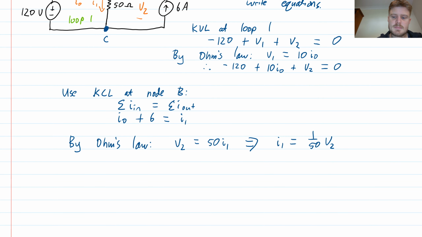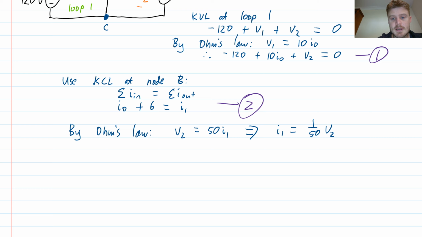Now it's basically an algebra problem. I will substitute for I1 in my equations. I'm going to call this one here equation number 1, and this one here equation number 2.